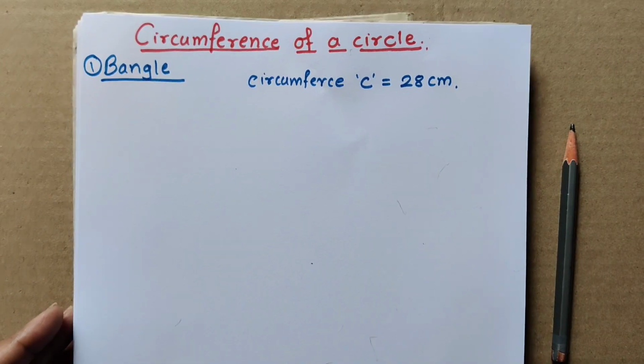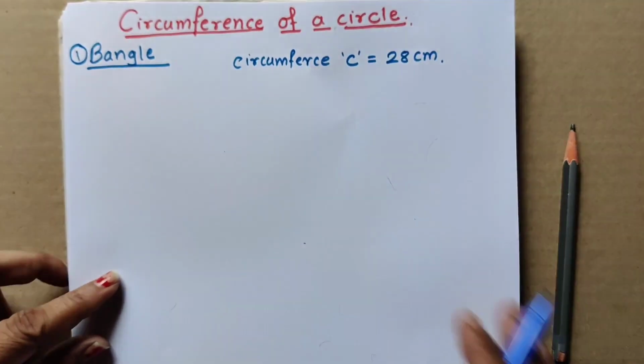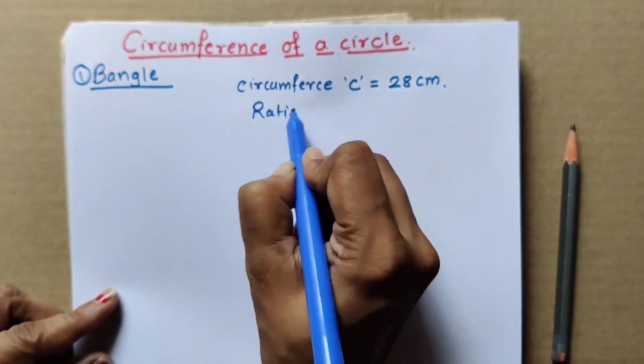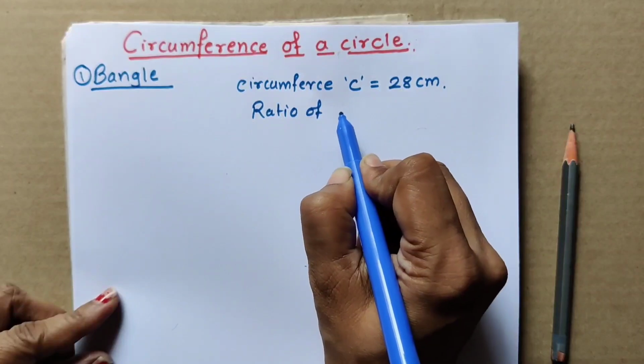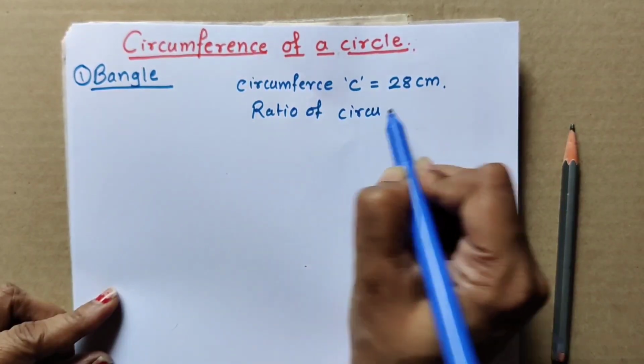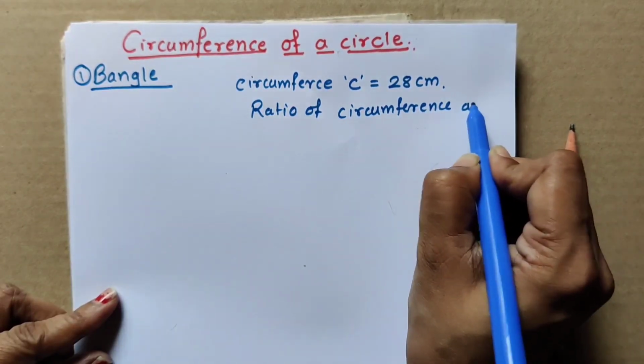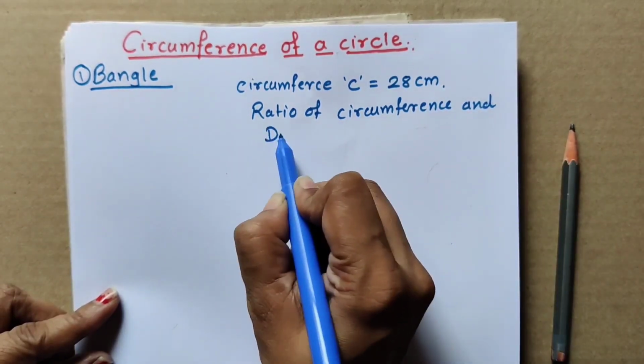Now see children, we can find the ratio of circumference and diameter also. Here we can find the ratio of circumference and diameter.